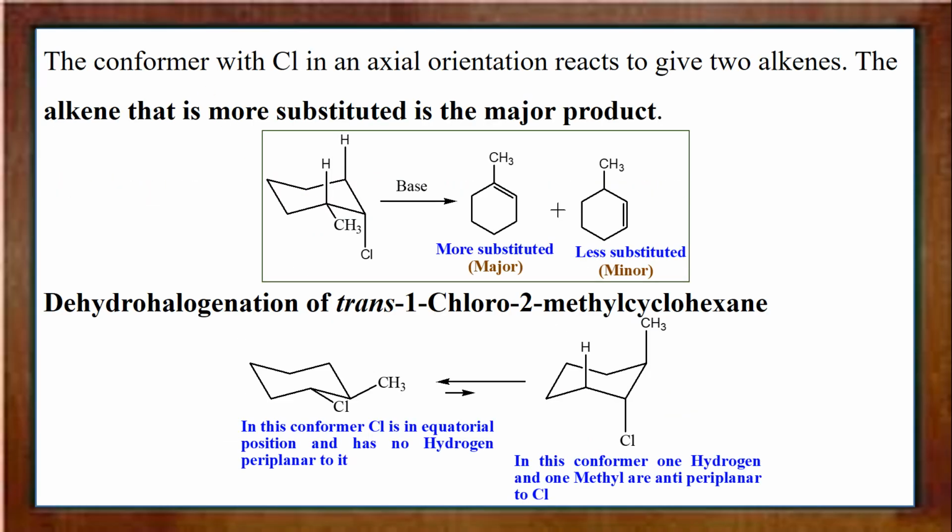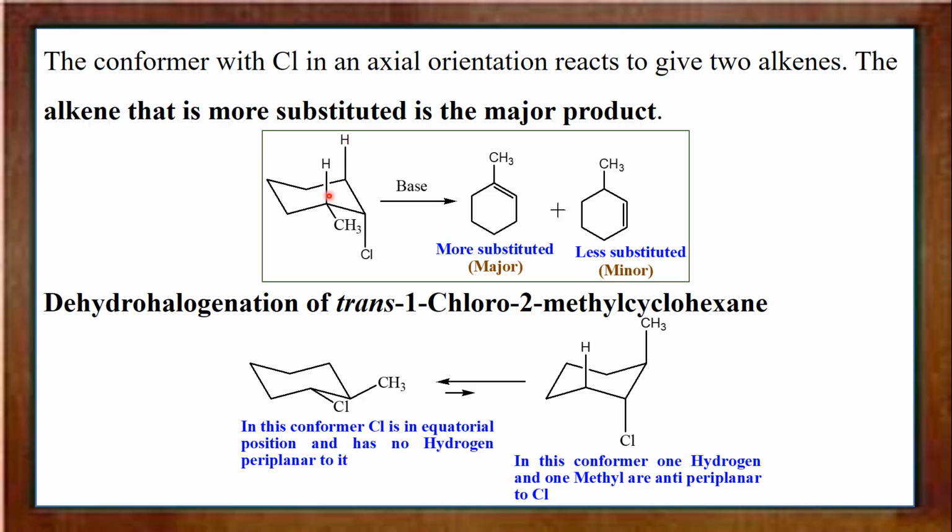In cis-1-chloro-2-methyl cyclohexane, elimination takes place from the less stable conformer where chlorine is oriented axially. This has two beta hydrogens. So elimination can take place either with this beta hydrogen or this one.